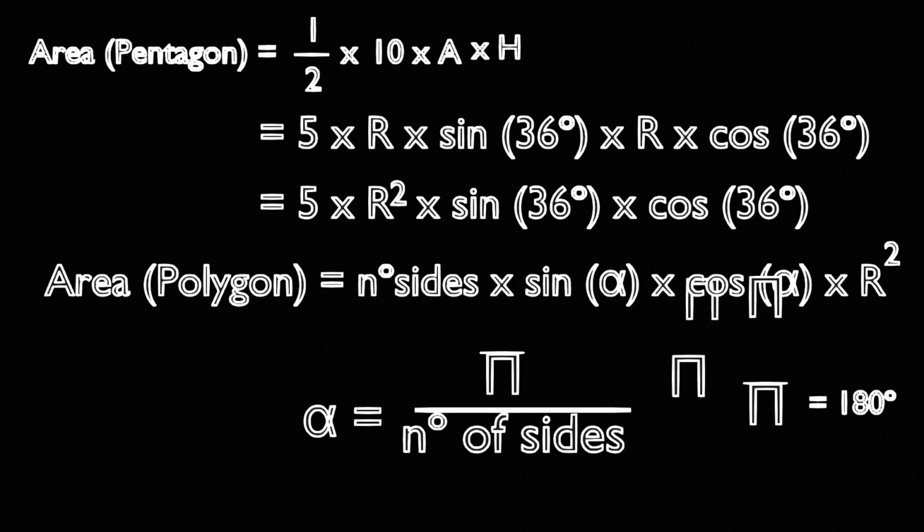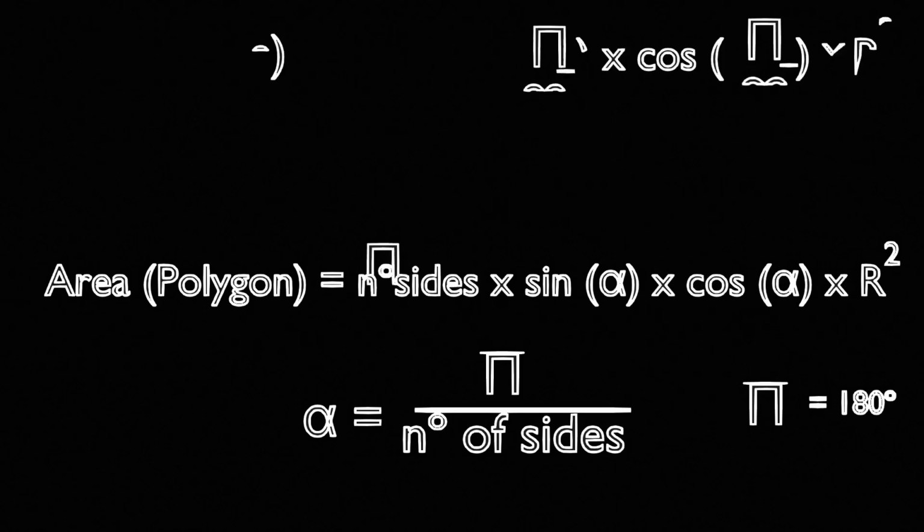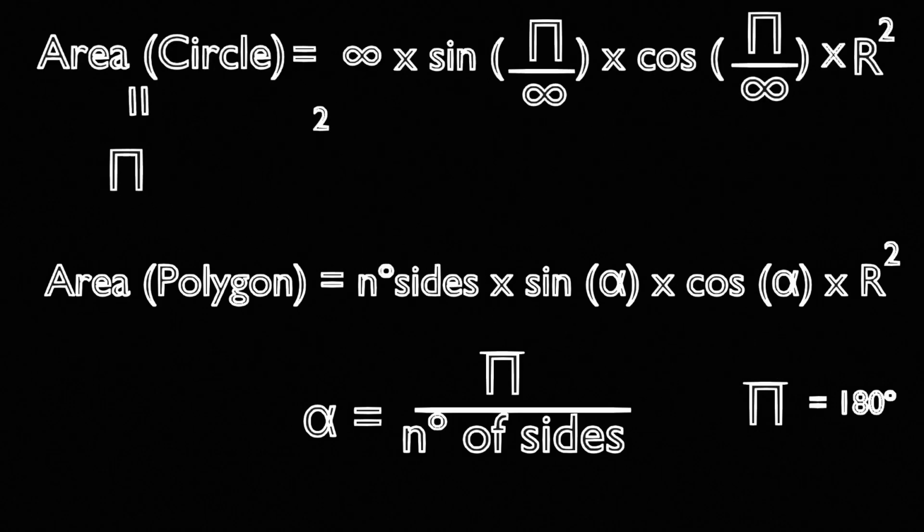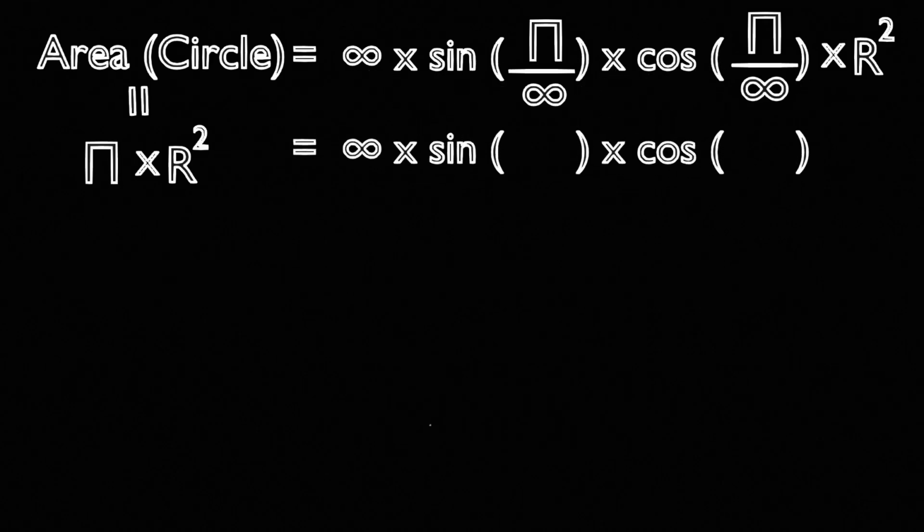Now one can calculate the area of the circle. The circle has an infinite amount of sides. The area will be equal to infinity times sine of pi over infinity times cosine of pi over infinity times R squared. Everyone knows that the area of the circle is also calculated by multiplying pi by R squared.